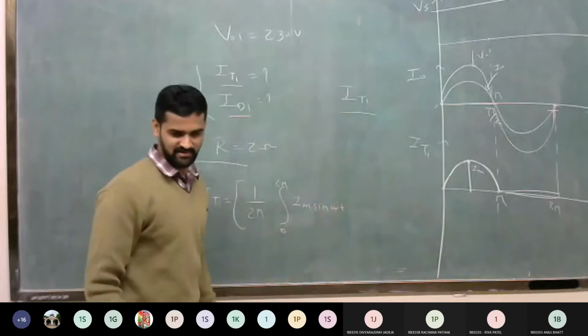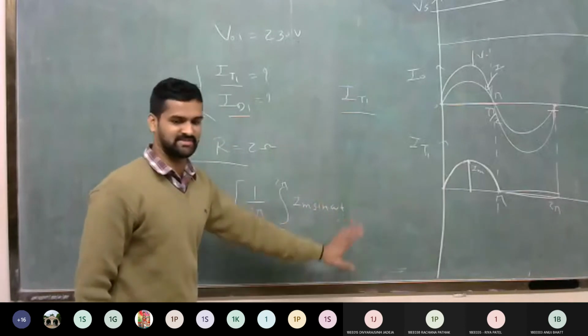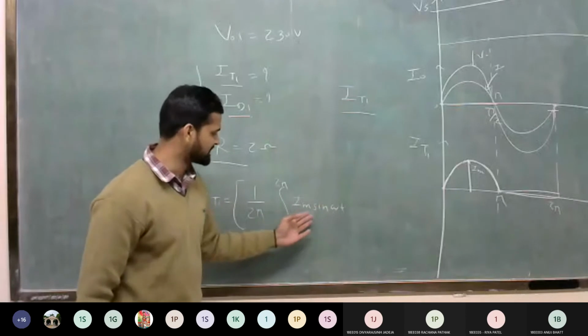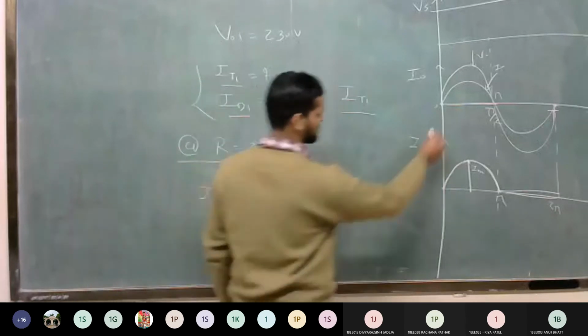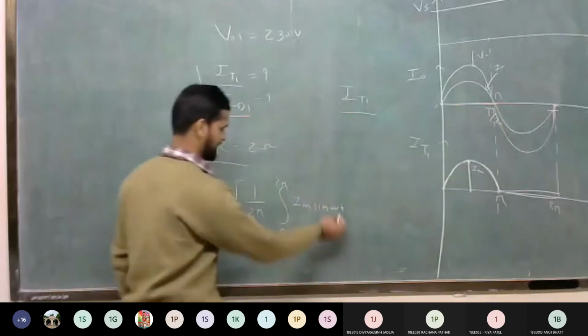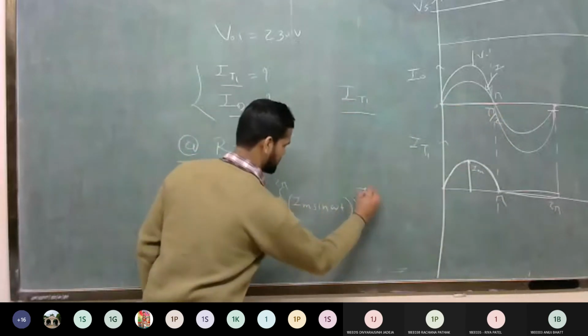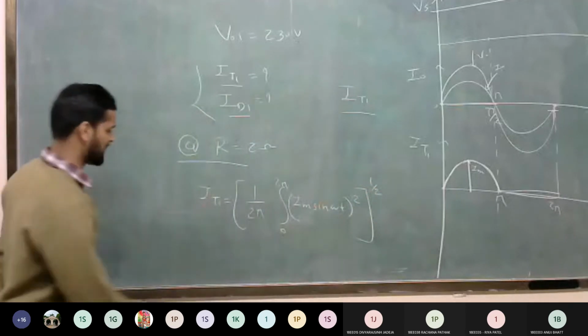Here there is no angle difference between voltage and current, so it is only Im sine omega t. Suppose it is an inductive load, then you can write Im sine omega t minus or plus phi. But you can see here voltage and current are in the same phase, angle is 0. So it is Im sine omega t whole square raised to 1 over 2, that is the equation of the RMS value of the half wave.